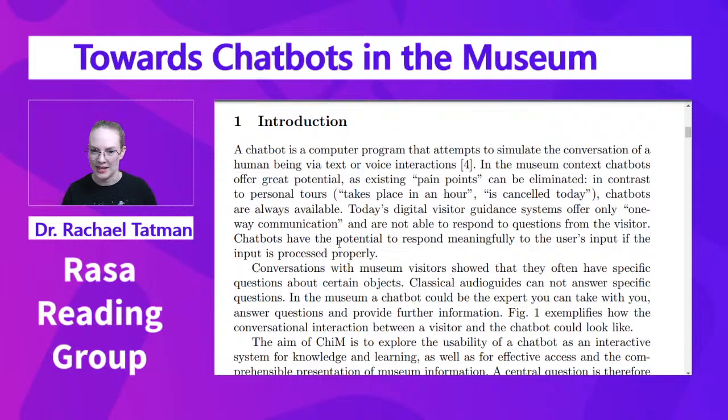In the museum context, chatbots offer great potential as existing pain points can be eliminated. In contrast to personal tours, which take place at a fixed hour or may be canceled, chatbots are always available. Today's digital visitor guidance systems offer only one-way communication and are not able to respond to questions from the visitor. Chatbots have the potential to respond meaningfully to the user's input if the input is processed properly.